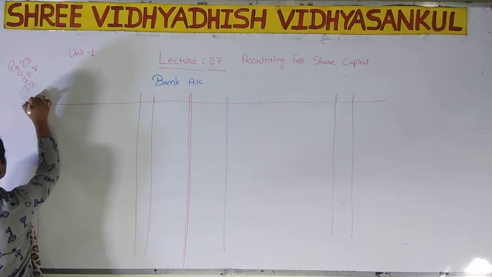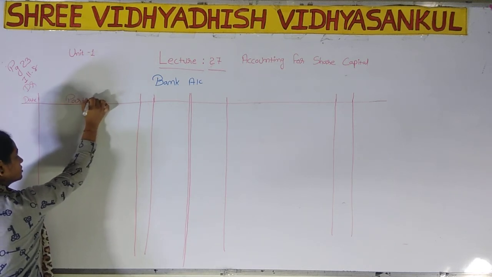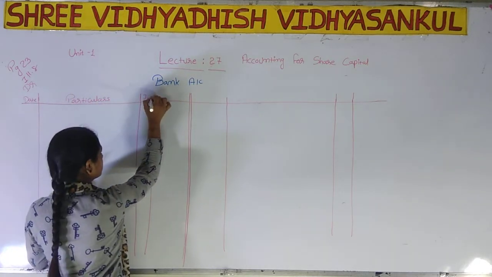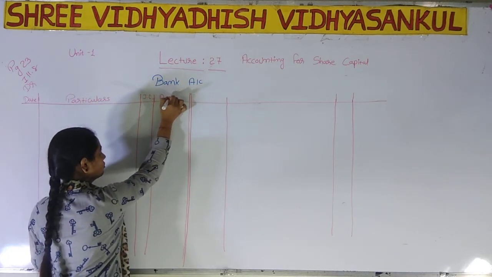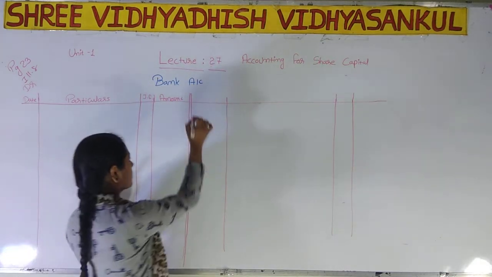Debit, date, particulars, JF, amount. You can write rupees as well.